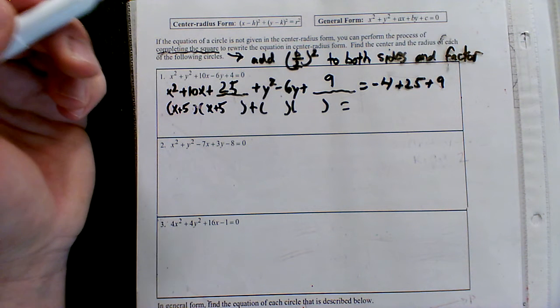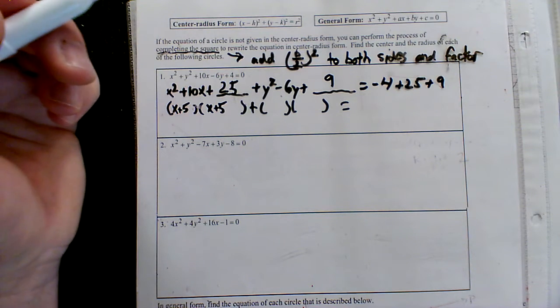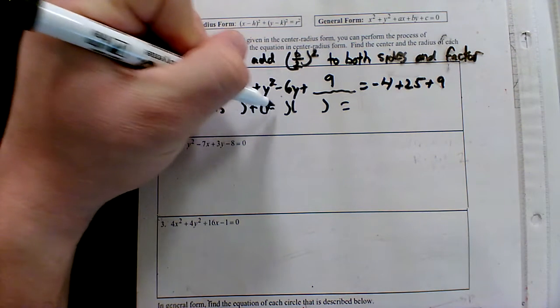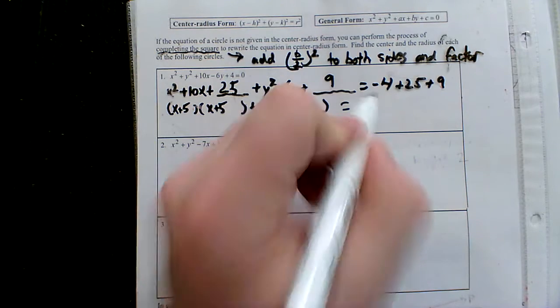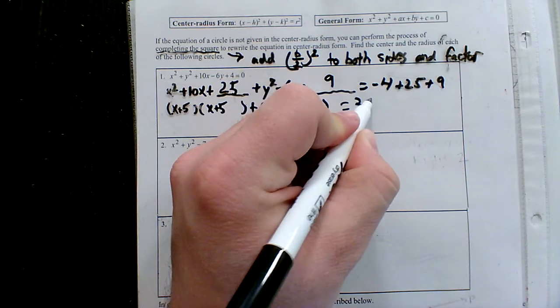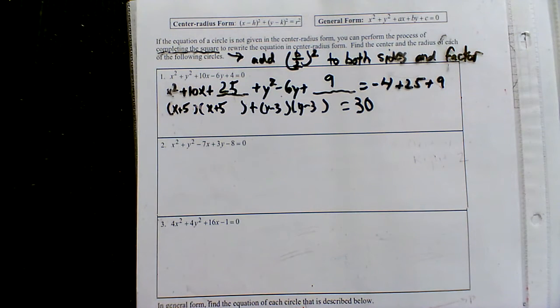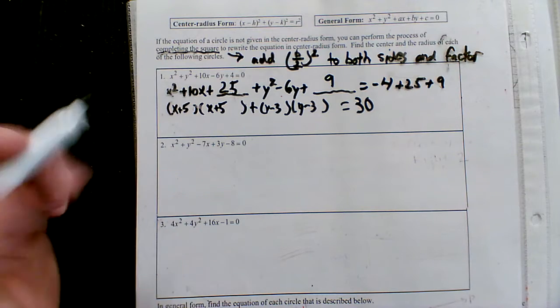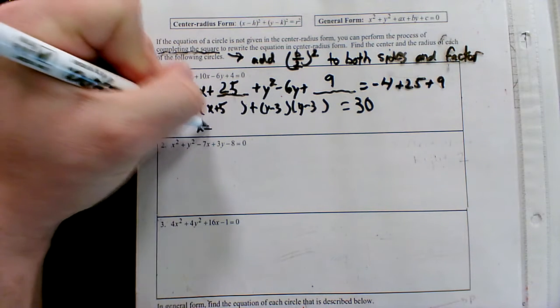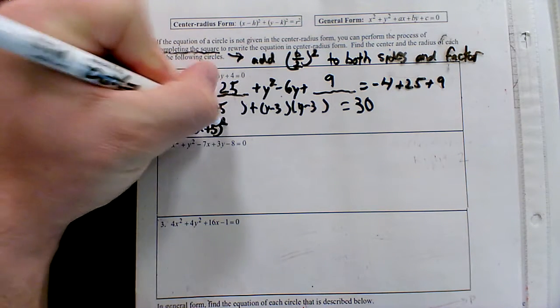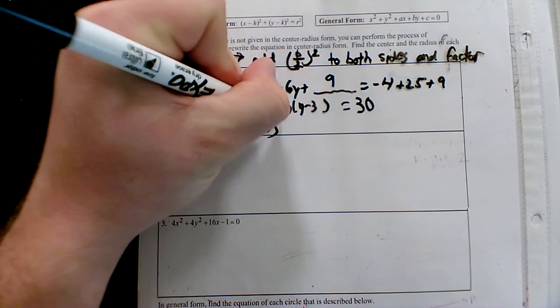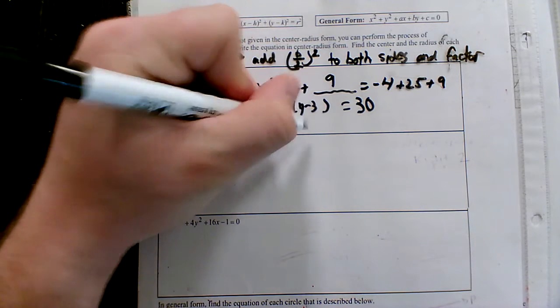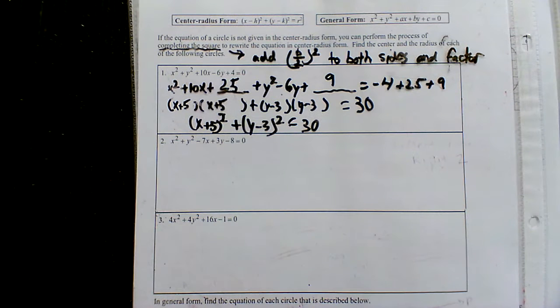The y's factor as, Marie? y minus 3, y minus 3. And if you simplify the other side, you get 30 over here. Now really, a simplified version of this, well, this is just x plus 5 squared plus y minus 3 squared equals 30.